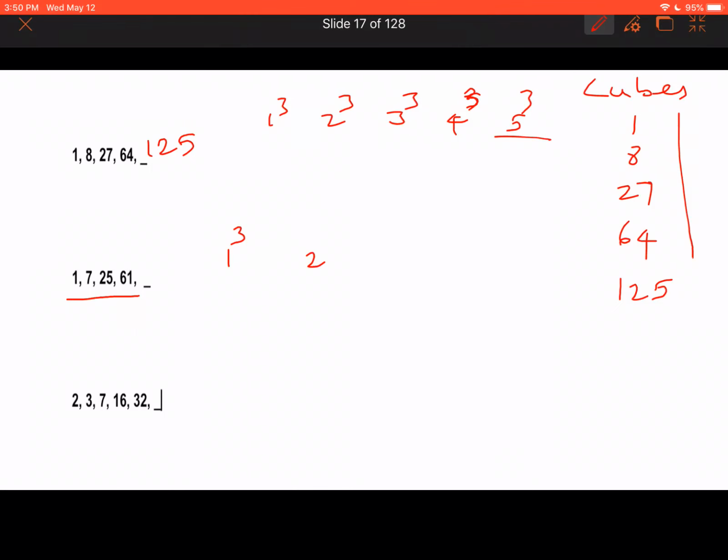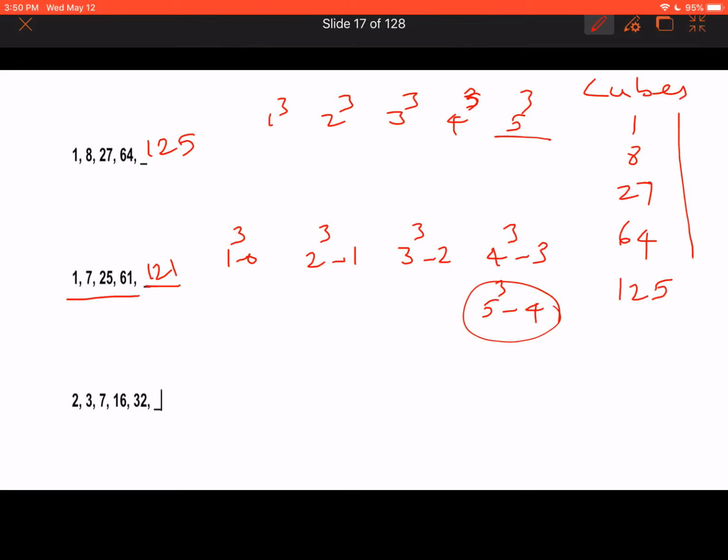Next is 2 cube minus 1. Next is 3 cube minus 2. Next is 4 cube minus 3. So there is an increase in the number that is subtracted from the cubes. So the next is going to be 5 cube minus 4. So 5 cube is 125, 125 minus 4 is 121, which is going to be the next in this sequence.